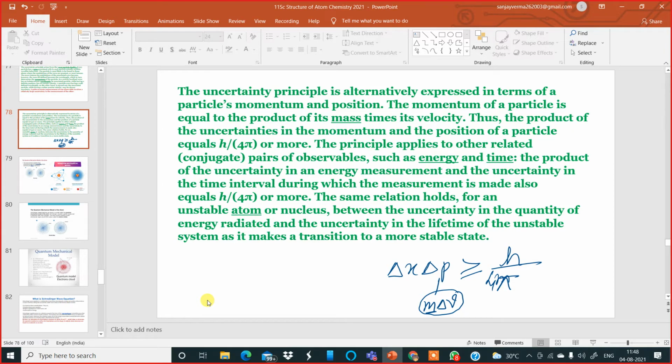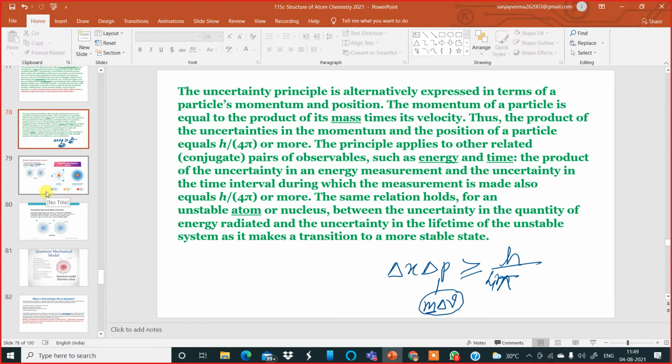So that is to be taken into consideration, because all subatomic particles, such as electrons moving around the nucleus, behave like waves, and they behave like particles also. That is the reason why this uncertainty principle was articulated.